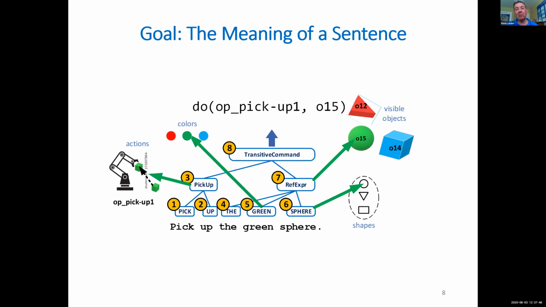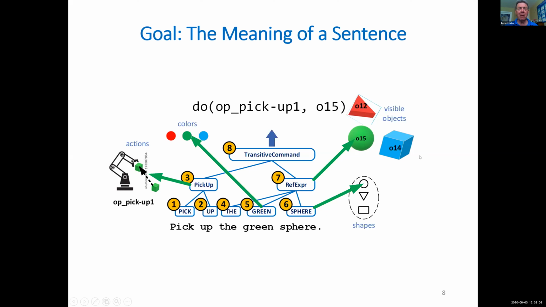Sphere gets grounded to what we know about shapes. And then we put that together in number 7, the referring expression, that gets grounded to the green sphere that's in our perception. And now that we have both the object and the action, we can put them together into this number 8 transitive command that then gets formatted into a message that returns to Rosie.